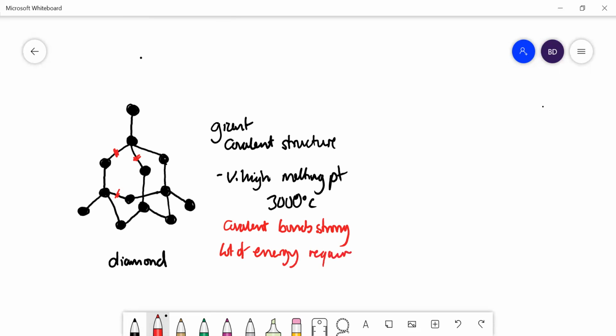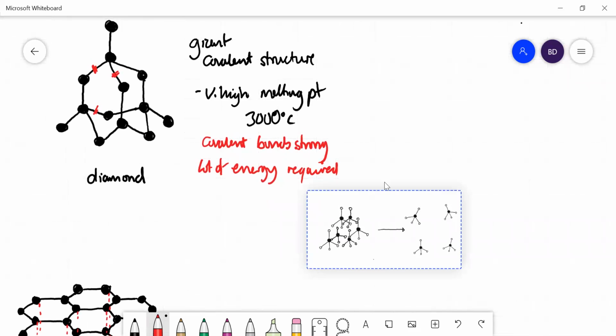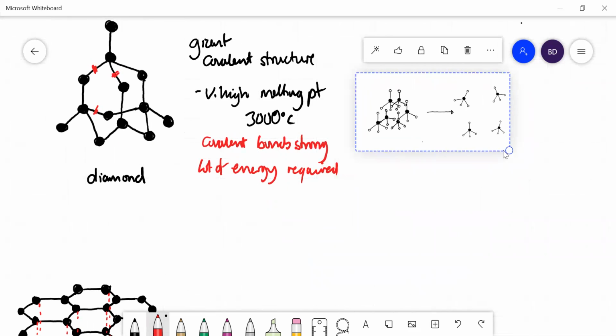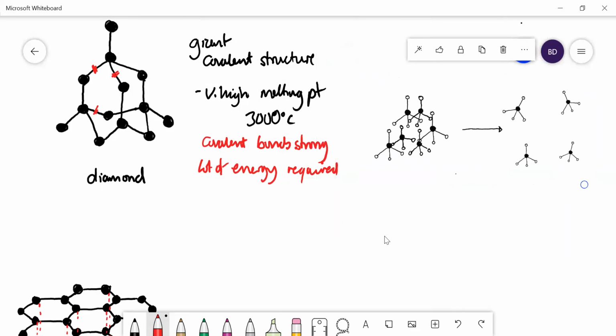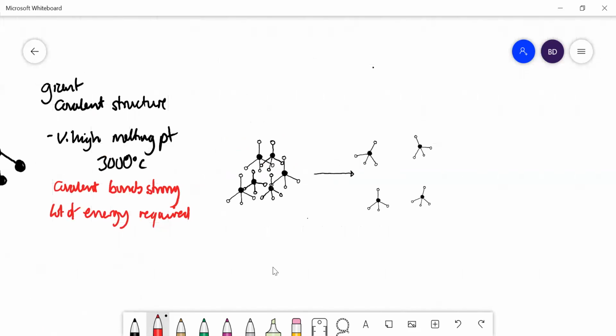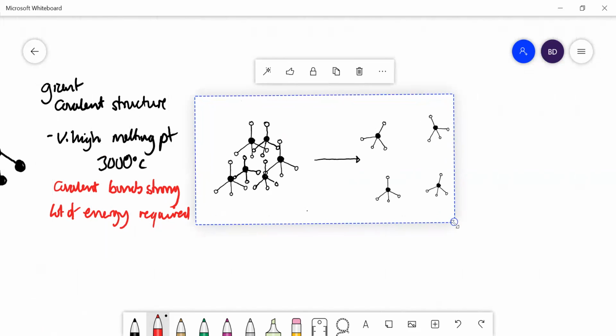Right, let's contrast that to methane. Okay, so methane is a gas at room temperature. So I'll just grab a diagram of it down here. Right, so what I'm trying to show here is, we've got liquid methane on the left there.